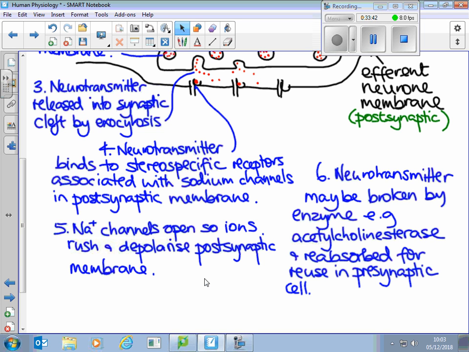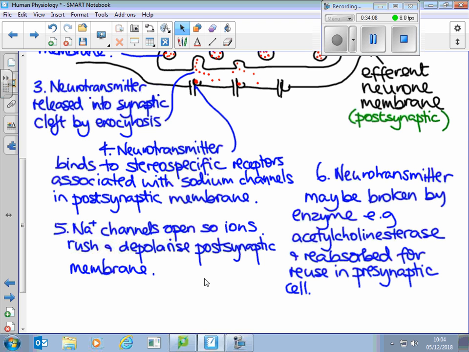Now, there is a different neurotransmitter that works in our autonomic nervous system, which is the one that works below our level of consciousness. It's a homeostatic system, controlling things like heart rate and stuff like that. And there is a neurotransmitter that has a very similar name to a hormone. And it's a hormone that could, for example, speed up your heart rate.